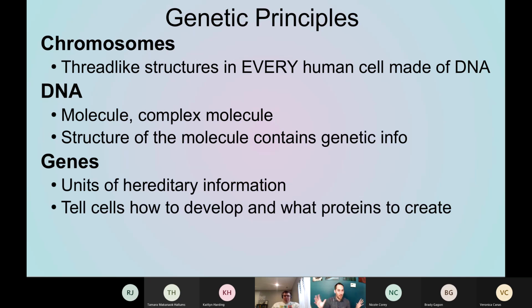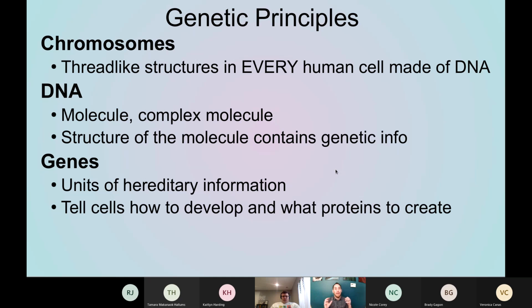So the DNA is just that long complex molecule. It's the same throughout your whole body. Each cell has a nucleus and each cell has that genetic information. The genes are the bits of that DNA that give instructions to your cell of what to do. It tells cells how to develop and which proteins to create.